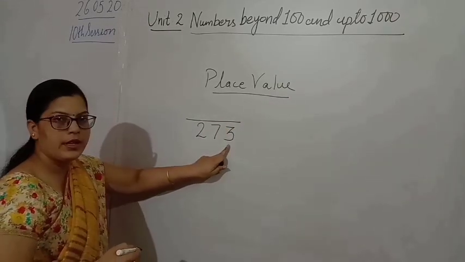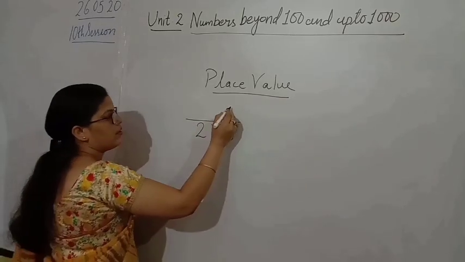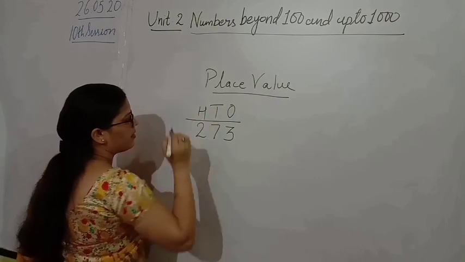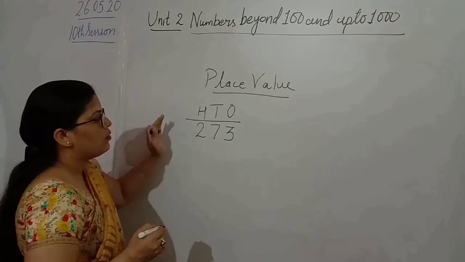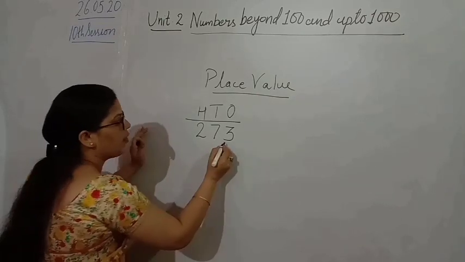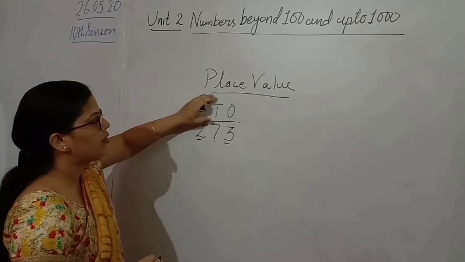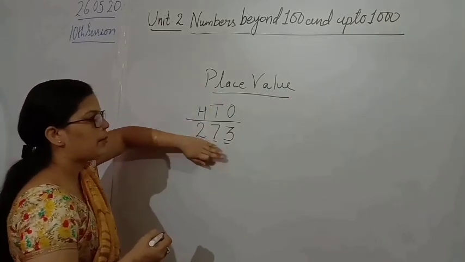Now in this number, what are the digits? The digits are 3, 7 and 2. And what are the places of these digits? Ones, tens and hundreds. So place value is the value of a digit according to the place in a number.